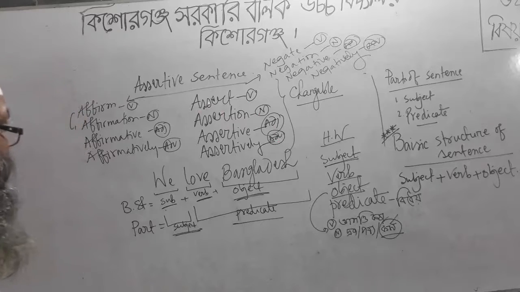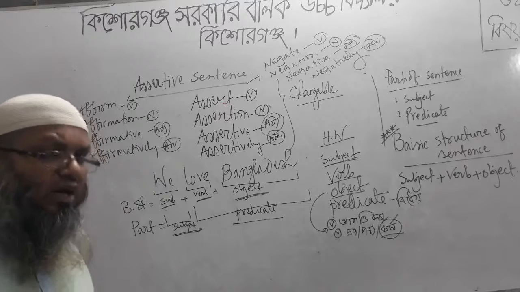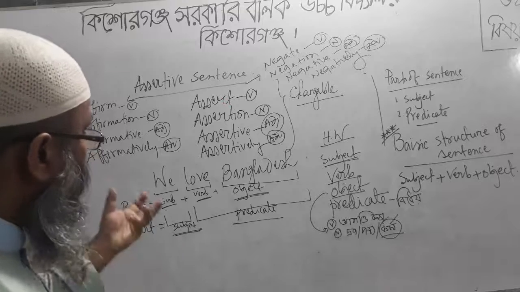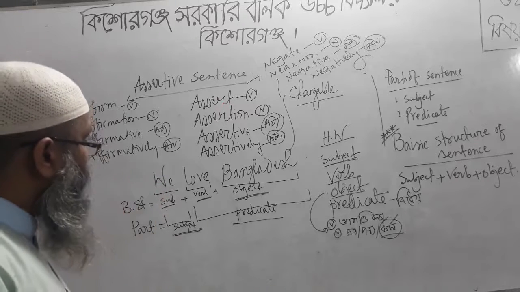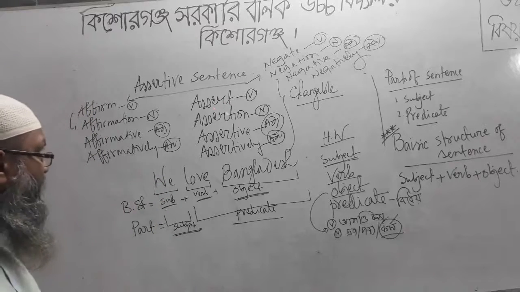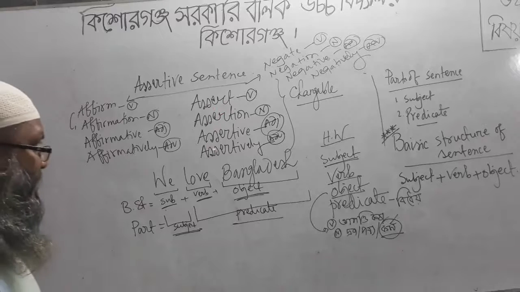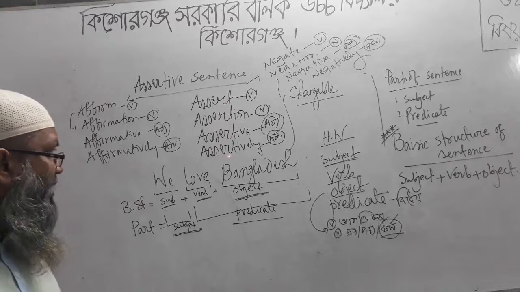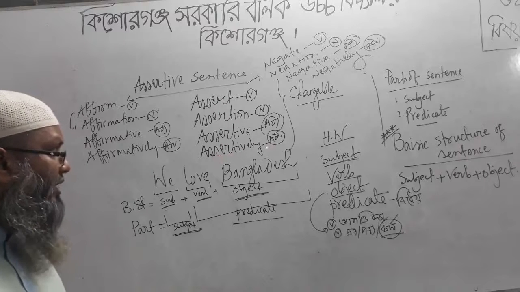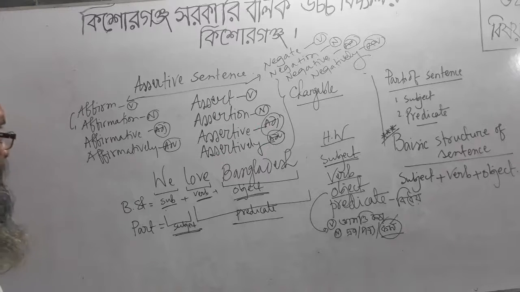See that assert. The word is assert. Assert means telling something affirmatively or affirming something, and its noun form is assertion, then assertive, and then assertively. Assertively is an adverb, and assertive is an adjective.